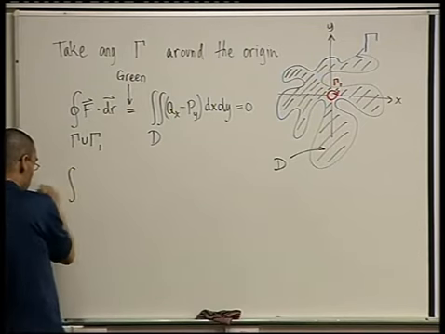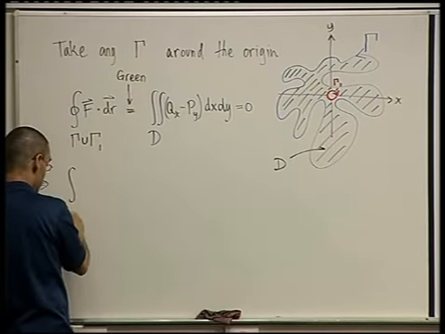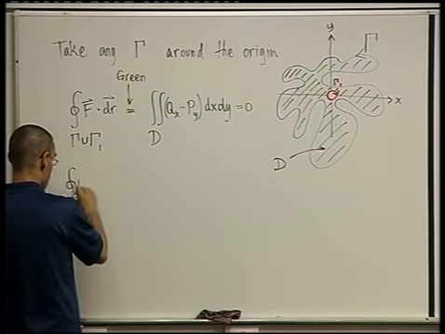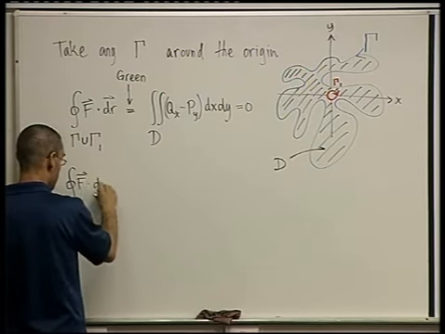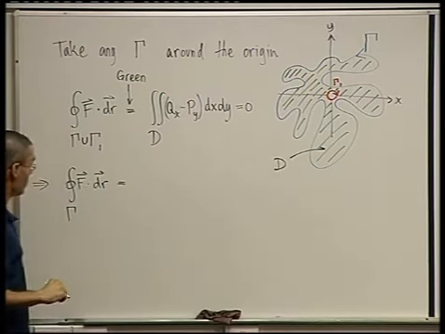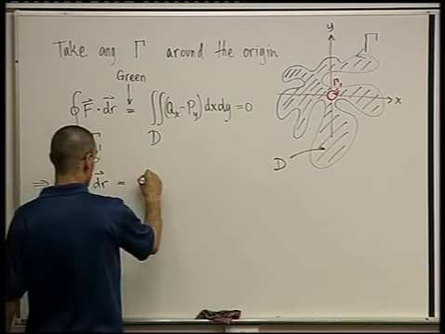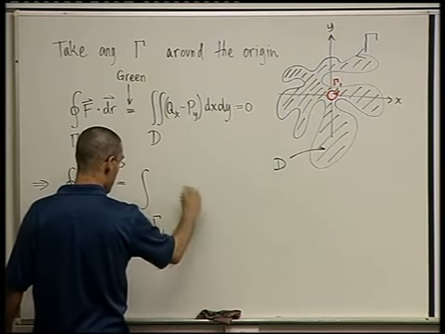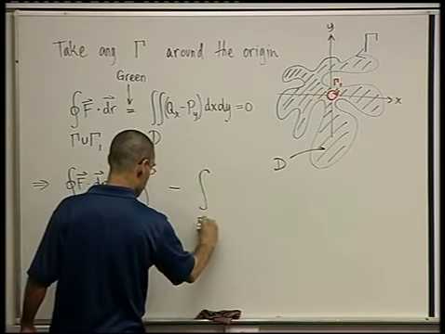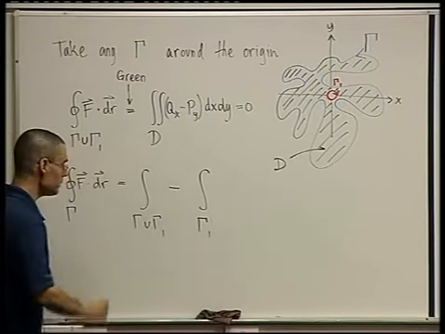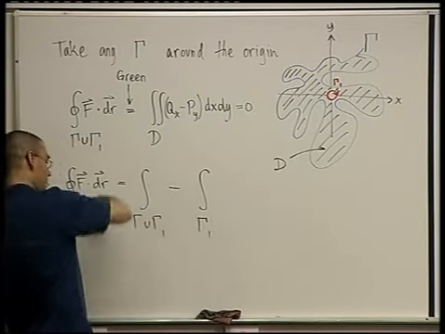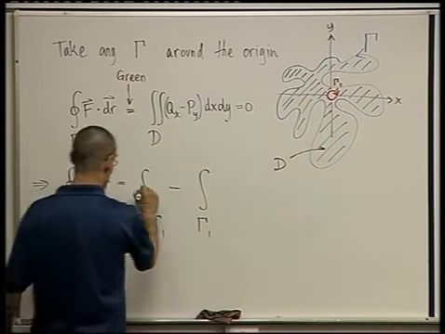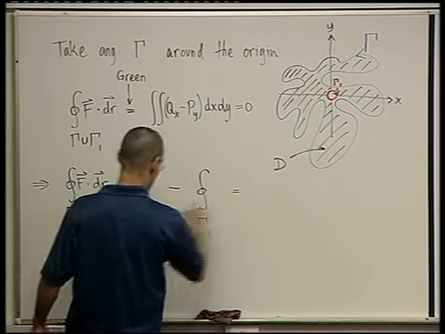Therefore, the integral over the blue amoeba, which I was interested in, gamma of f dot dr, is what? I can write it as this integral, gamma union gamma 1, minus the integral over gamma 1. Because their sum equals this. Do you agree? And what do I know about the first one?